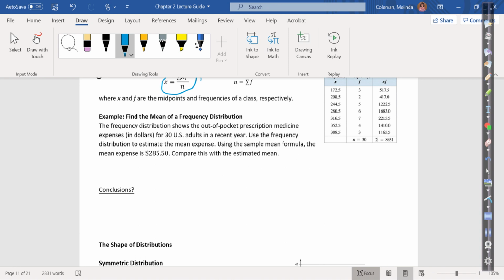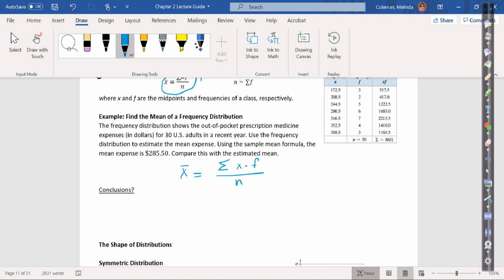Using the sample mean formula, the mean expense is $280.50. Compare this with the estimated mean. So again, we're just going to use the formula. X bar is equal to the sum of the X times the frequency divided by the number in my sample set.